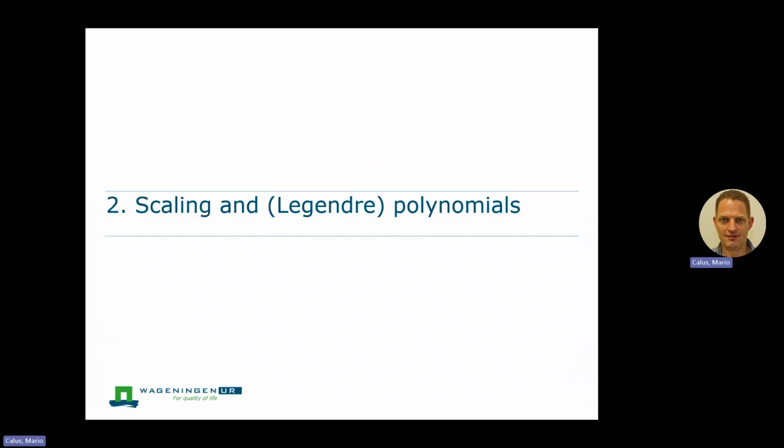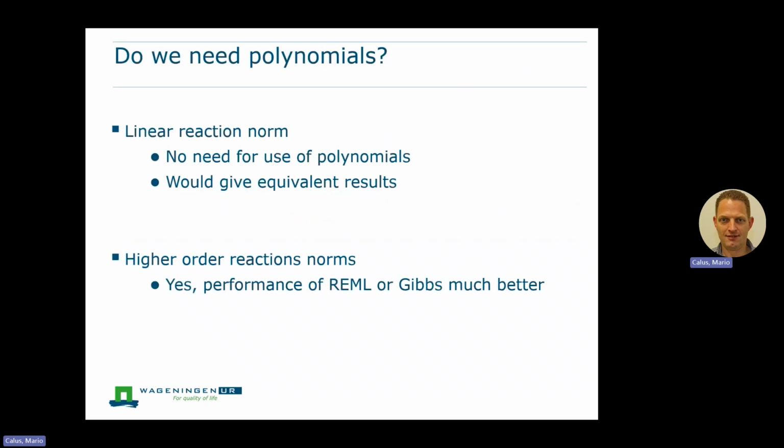Then let's talk a little bit about the scaling of the effects, predominantly the environmental descriptors, but also the use of polynomials. So first the question is, do we need those polynomials? The way it works is that if you have this linear reaction norm model, basically you do a random regression for each individual.